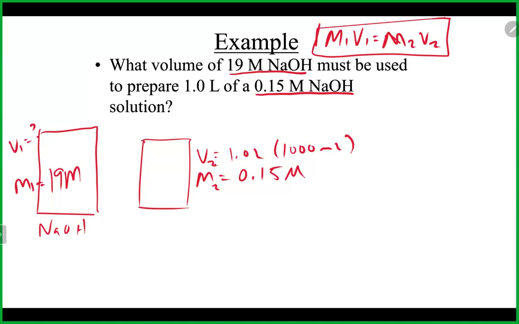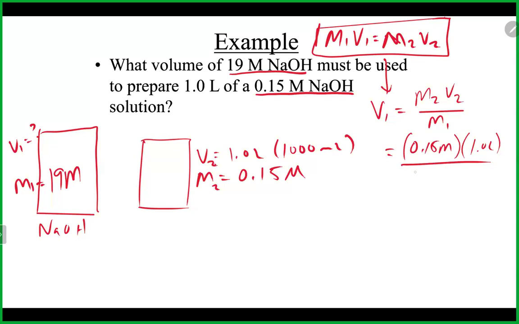In this case here, we're going to solve for V1. So V1 in this case will be M2 V2 over M1. We're going to put it in here. That's going to get us here for M2 0.15 molar. I'll go right now with the liters. And again, I could have done 1,000 milliliters if I wanted to. And our original molarity, which is our M1, is 19.